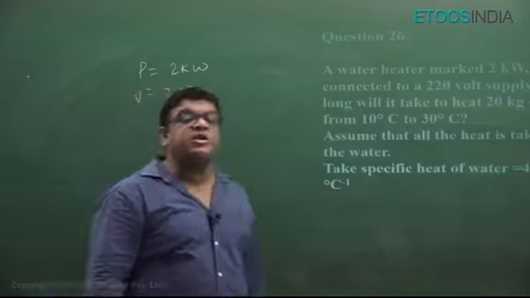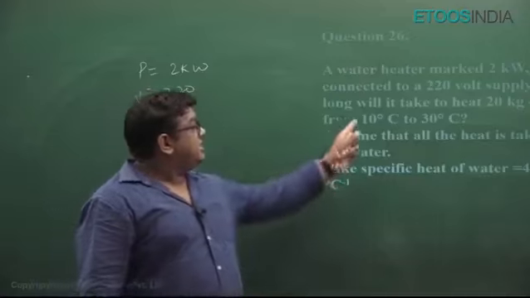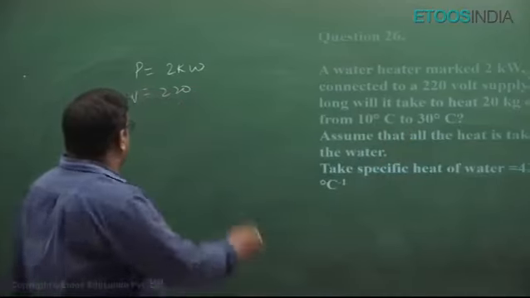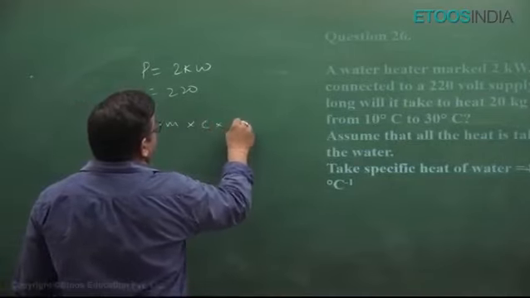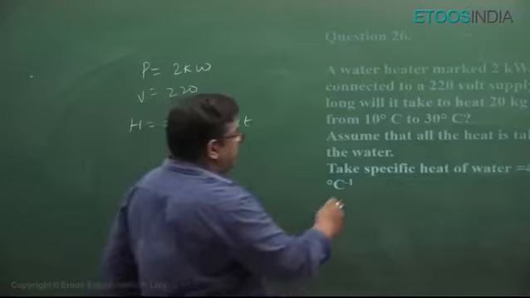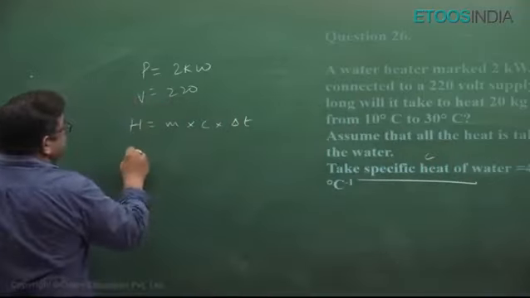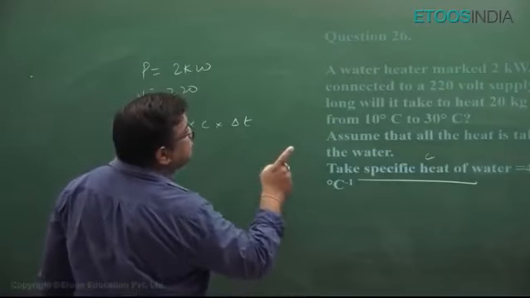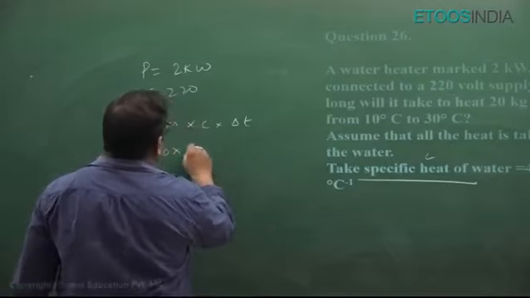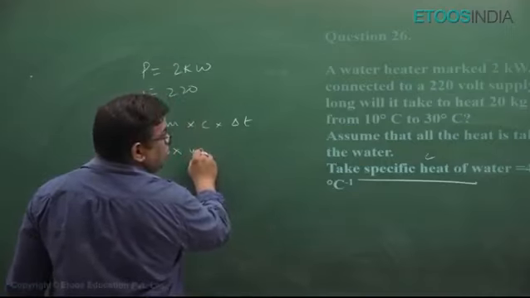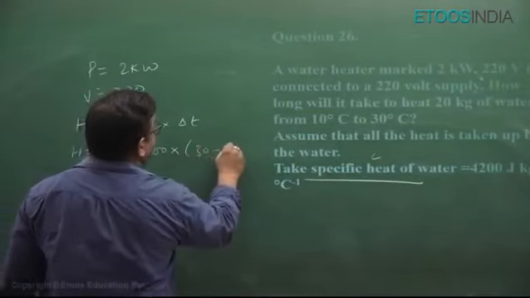Now, here first we need to find the total heat consumed to raise the temperature. The temperature is raised from 10 to 30 degrees Celsius. We know that the formula of specific heat is M into C into delta T, and C is given here. Now H is equal to, what is the mass given? 20 kg into what is C? 4200 into change in temperature, 30 minus 10.